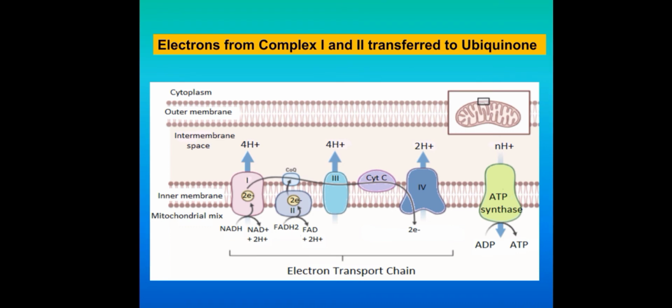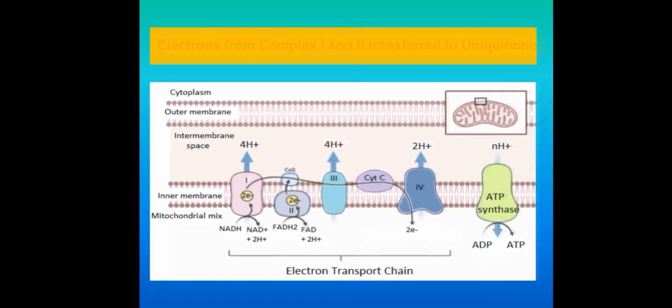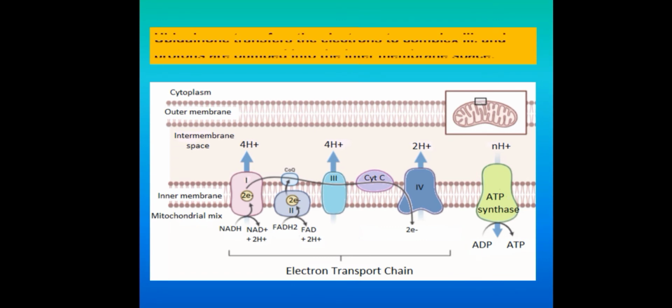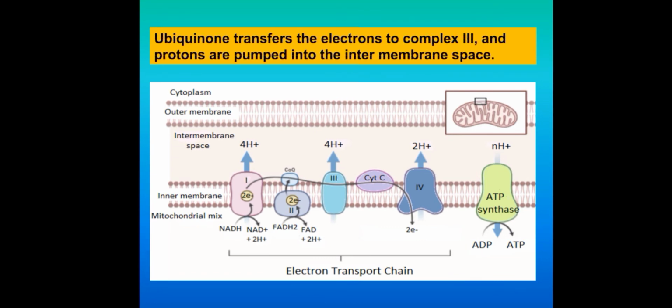Electrons from complex 1 and complex 2 are transferred to ubiquinone, the first electron carrier of the electron transport system. Ubiquinone transfers the electrons to complex 3 and protons are pumped into the intermembrane space.